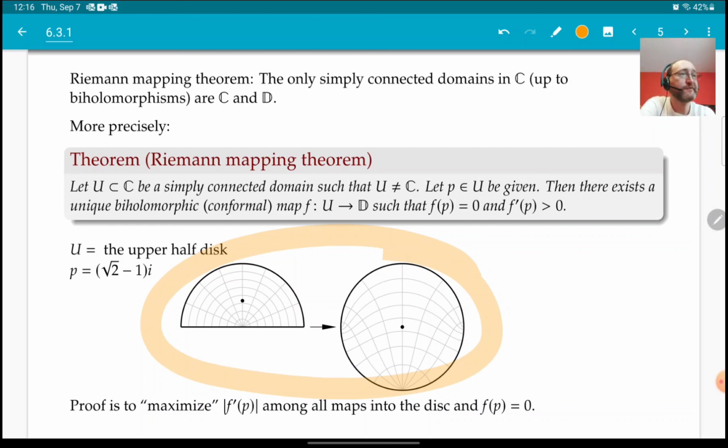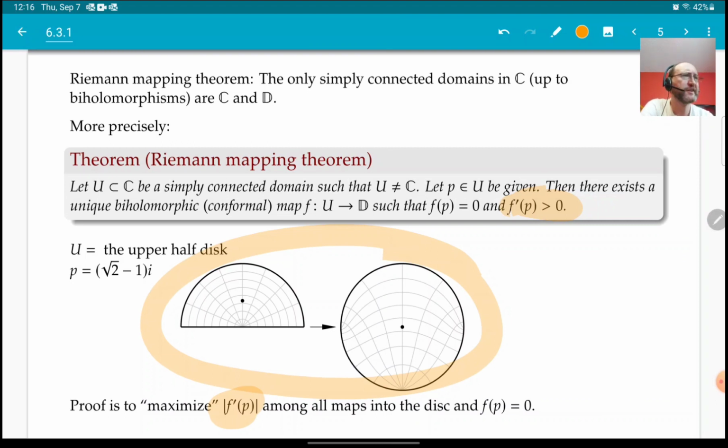Now, the point is that the way we're going to find this map is by trying to maximize the derivative at P, and then to make it real and positive, that's just going to be a rotation.